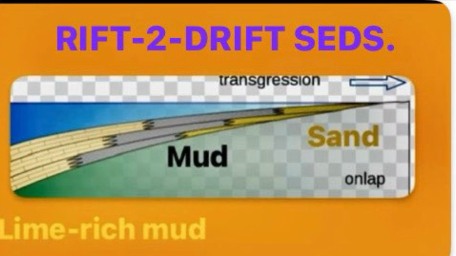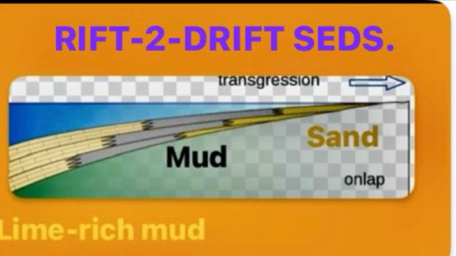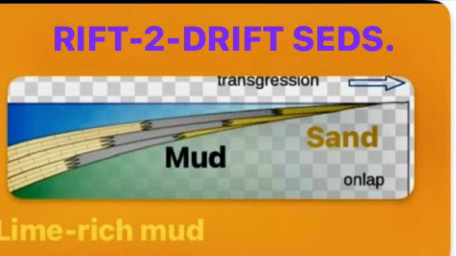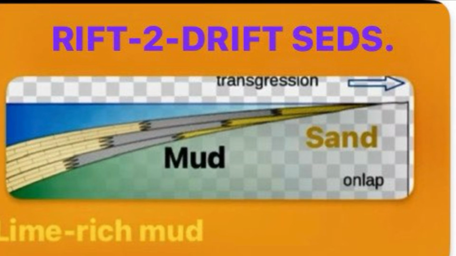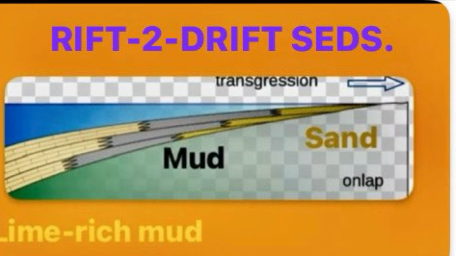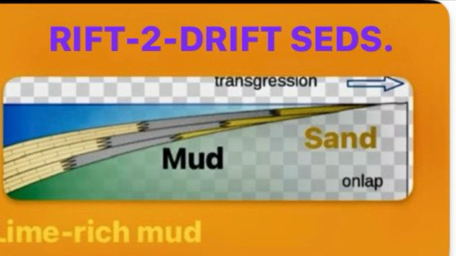mud. After this transgression of the sea is over, you have a very widespread layer of sand that turns into sandstone, covered by a very wide layer of mud that turns into shale, and that's covered by a very widespread layer of limey mud that becomes limestone.